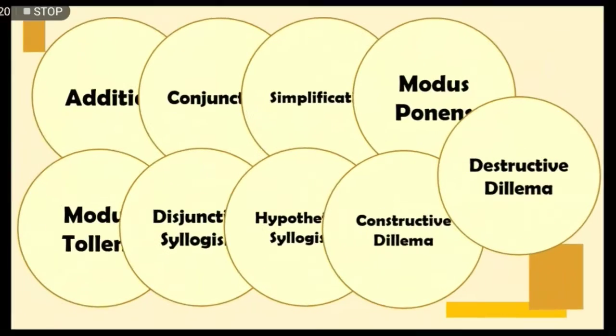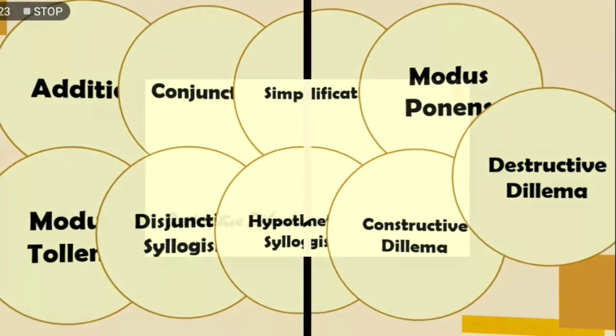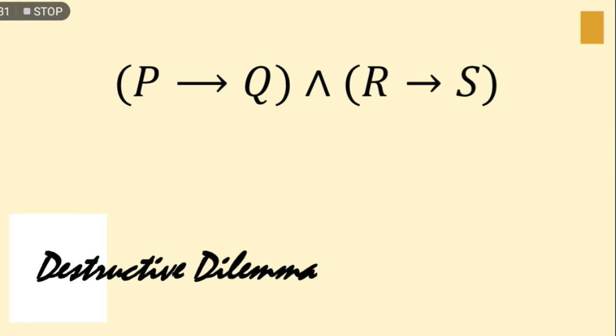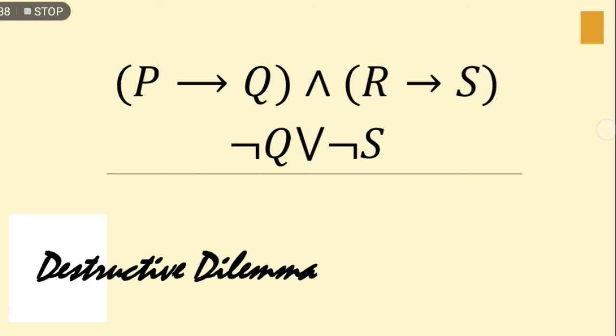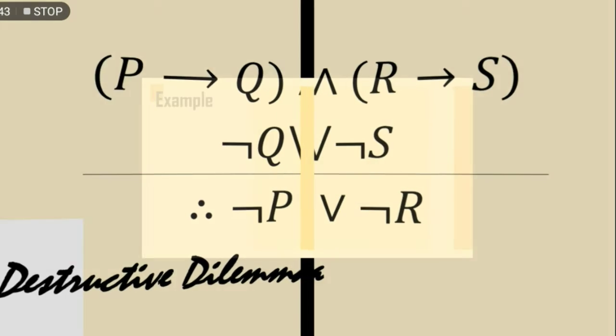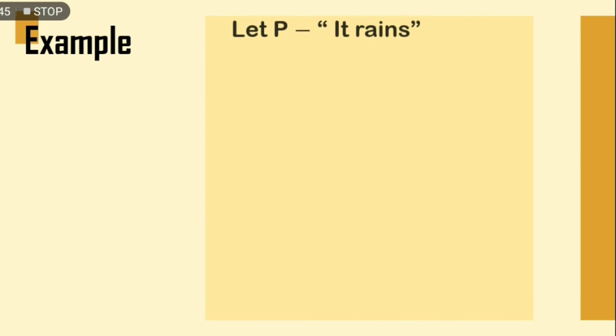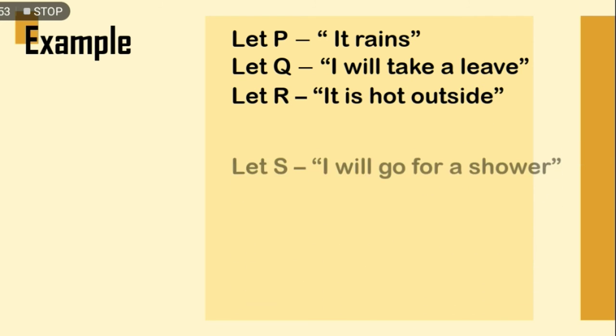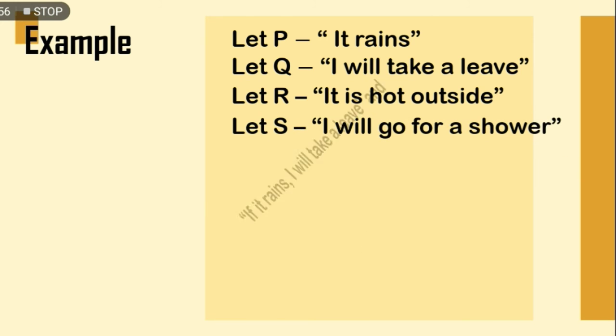The last but not the least, the destructive dilemma. If P then Q and R then S, and the negation of Q or the negation of S are our two premises, we can derive the negation of P or the negation of R. Say for example, let P be "it rains," let Q be "I will take a leave," let R be "it is hot outside," and let S be "I will go for a shower."